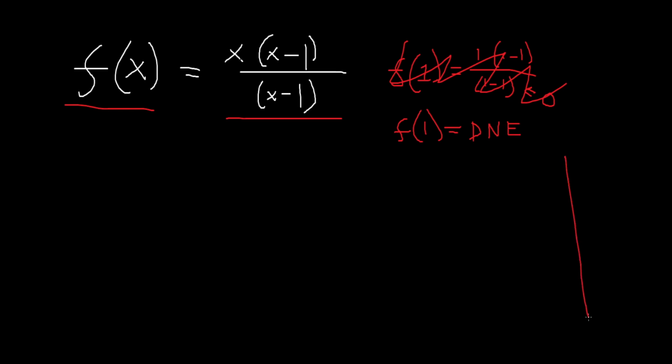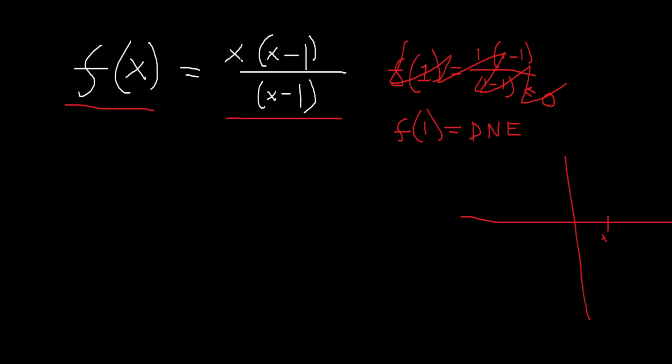So if we were to go ahead and graph this, this is the point where we don't get what we want. You'd imagine if we canceled this, it would just look like the y equals x function, which it does everywhere except at 1.